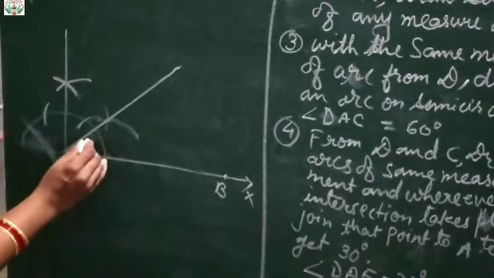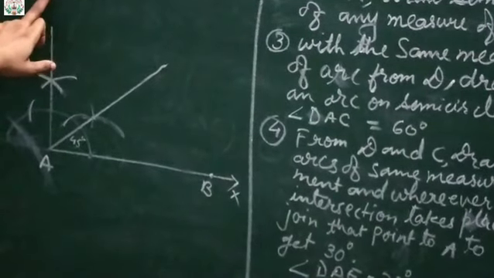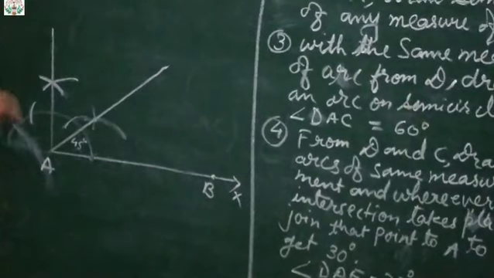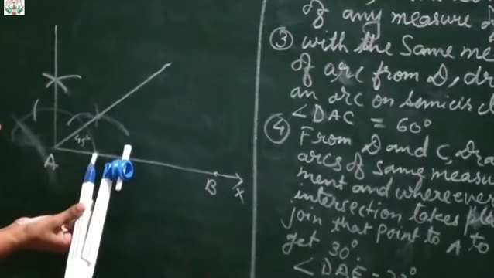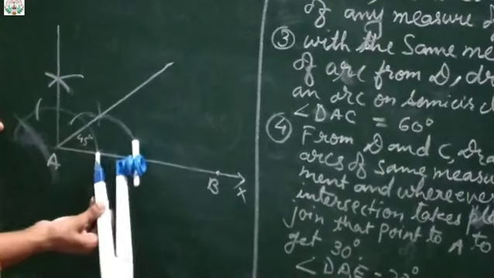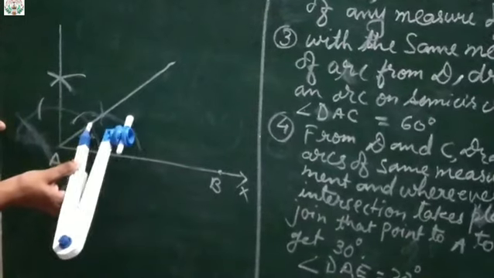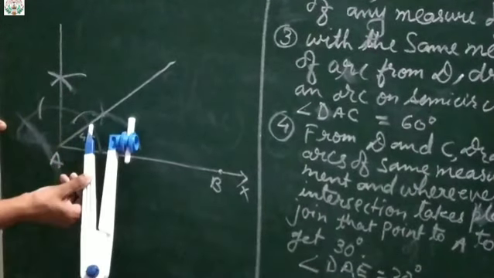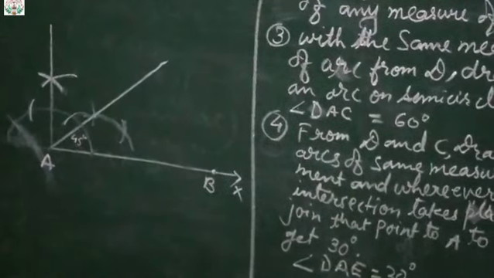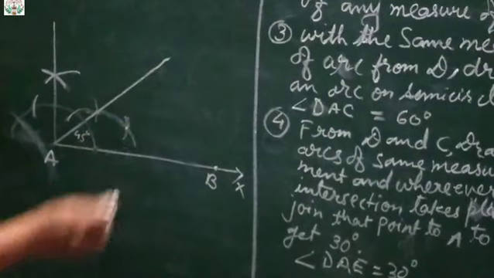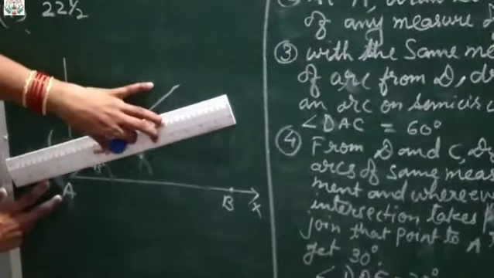This angle is 45, but we are supposed to find what? 22 and a half. So what we will do? Again, between this and this 45, we will divide. Okay, so intersection, bisector of 45 degree we will do. So this is the bisector of angle 45 degree. Okay, so here the intersection took place. So now this point to A, we will join the line.